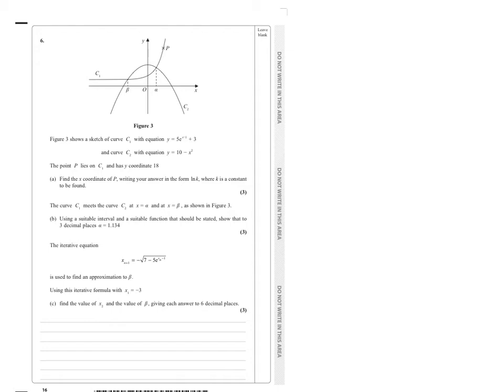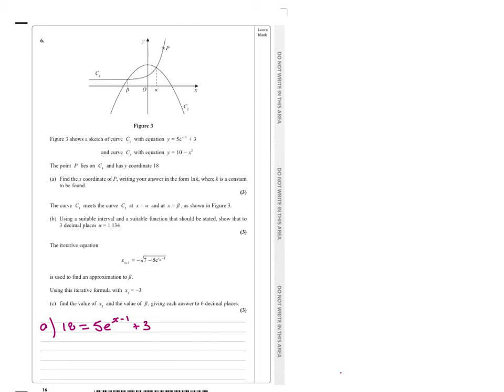So we know that the equation C1 has a y coordinate of P, so this is equal to 18. So for part A, we have 18 equals 5e to the power of x minus 1 plus 3.